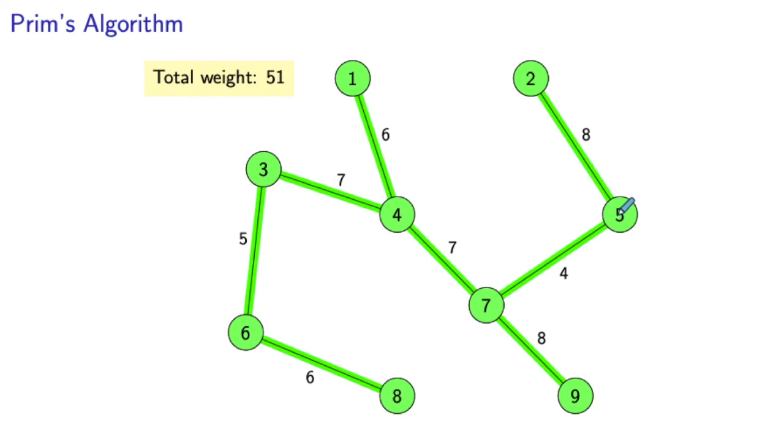And you see at many steps we actually have more than one candidate to be included next in our solution, so we essentially break the ties at random, and whatever choice we make, we are guaranteed to obtain an optimal solution in the end. So in some cases you may have alternative optima, but the bottom line is that both Kruskal's and Prim's algorithm guarantee optimality of the solution that they produce.